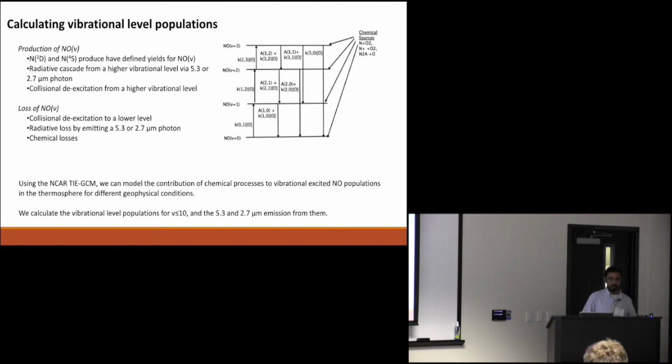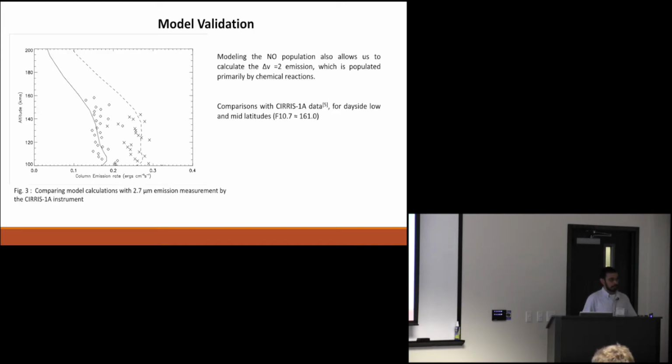You can find out if your calculations of the vibrational populations of NO are correct by modeling the 2.7 emission, which is what we did. We compared our results against the Cirrus 1A data, which had a measurement for the 2.7 emission from NO, and we find pretty good agreement with the model that we have.